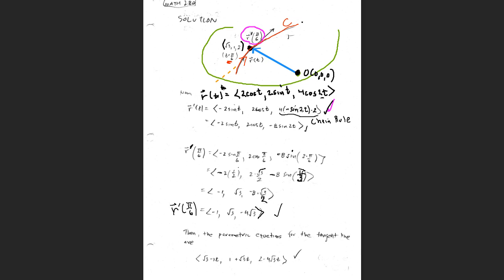Oh, hey, I think I discovered it. All right, there we go. There's the line. That's the line I'm looking for. I dashed it for you. That line in orange is parallel to the vector r prime of pi over 6, and it passes through the point with coordinates root 3, 1, and 2.